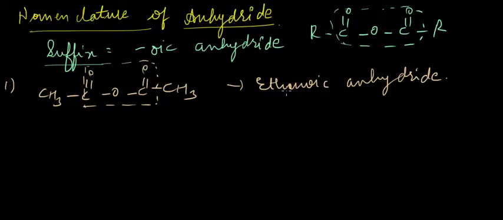Okay, and let us also delve into how anhydride is formed. So anhydride is formed by simply dehydration.